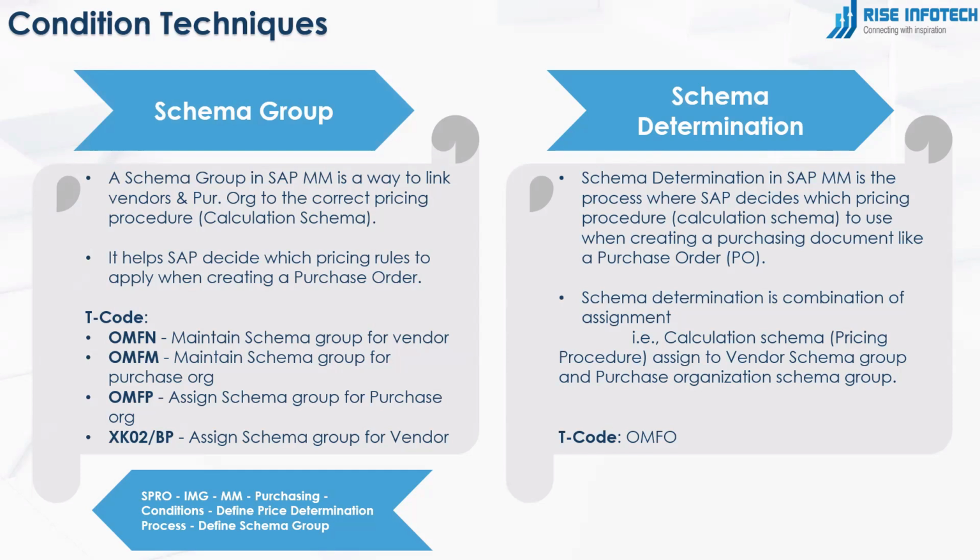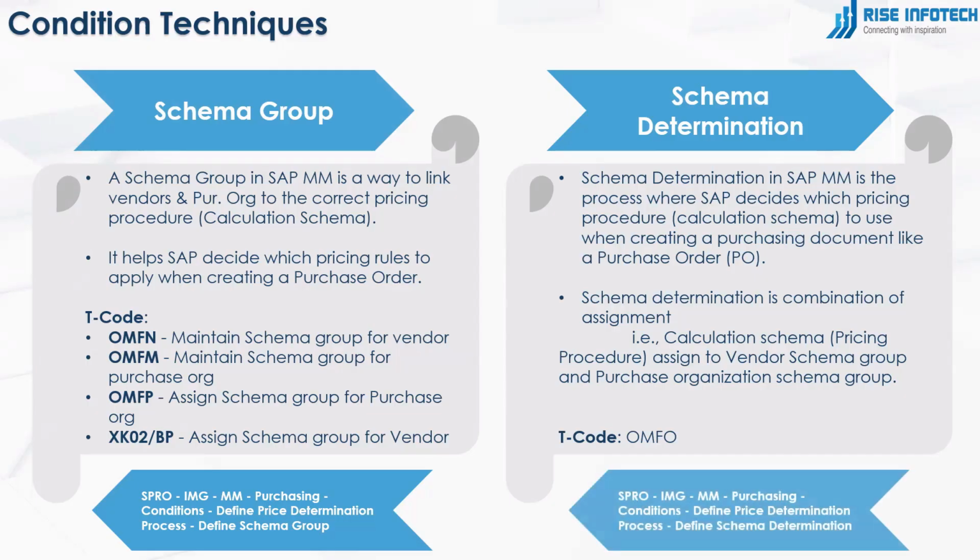So it is the combination of assignments. For example, the calculation schema is assigned to the vendor schema group and the purchase organization schema group. And the T code used for schema determination is OMFO. And we also have the SPRO path to define the schema determination.